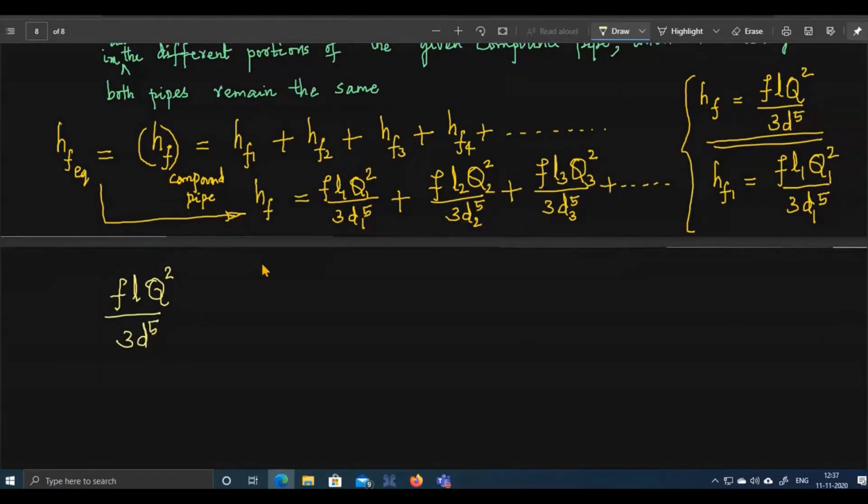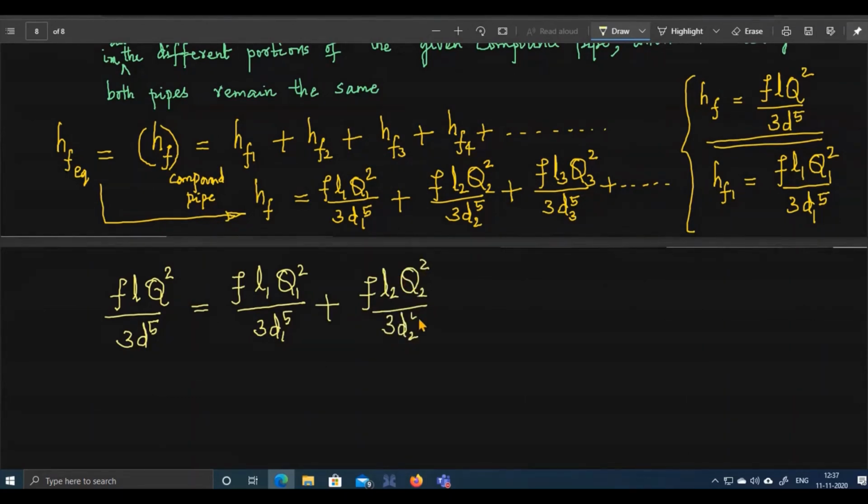You replace HF by this expression, and that is equal to all the other terms: fL1 Q1 square divided by 3D1 raised to 5, plus fL2 Q2 square divided by 3D2 raised to 5, then plus fL3 Q3 square divided by 3D3 raised to 5, and so on.